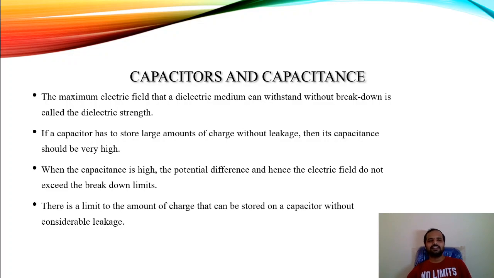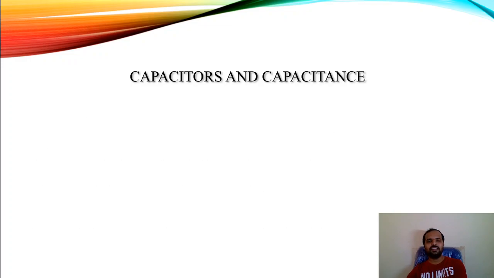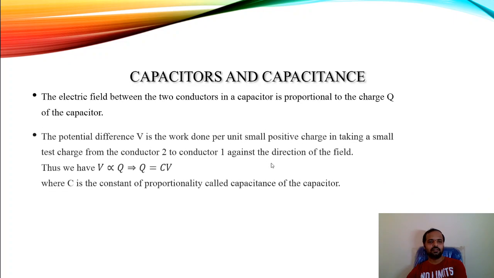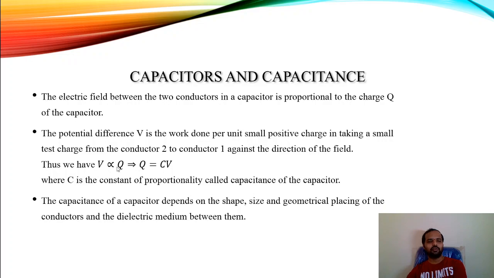Also, we can say that since the charge is proportional to the capacitance, as we have already seen over here, the number of charges stored on the capacitor plates is proportional to the potential difference.